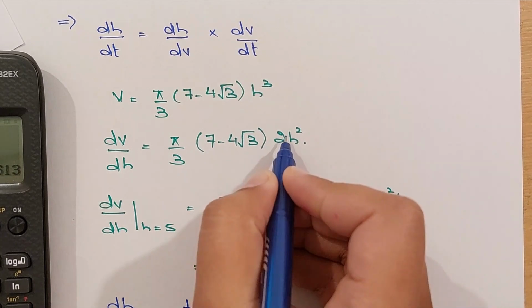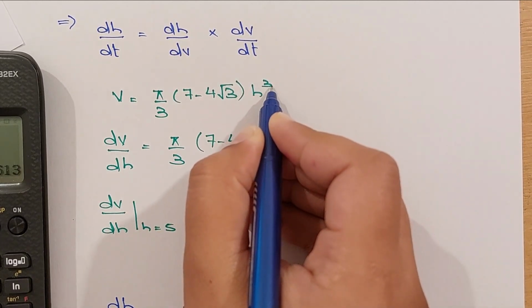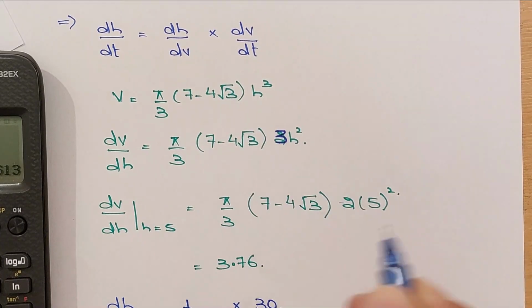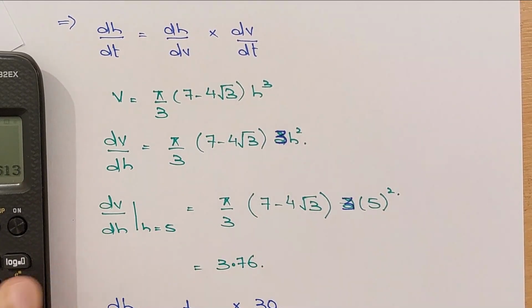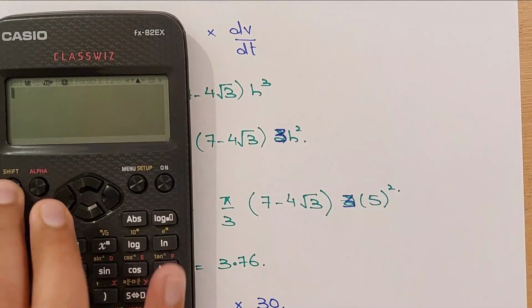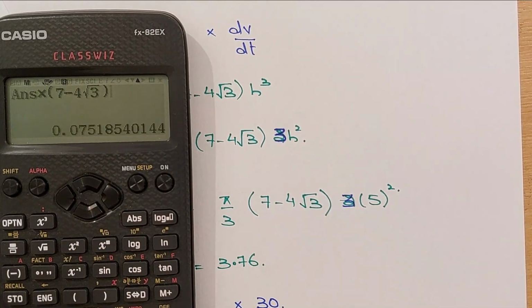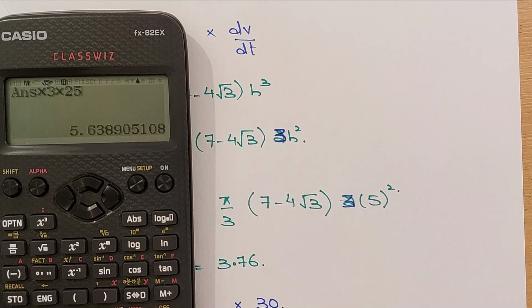Sorry, I made a mistake here. The derivative of h cubed is 3h squared. Sorry, this is 3. Let me do the calculation again. So we have pi by 3 times 7 minus 4 square root of 3 and times 3 times 25, since 5 squared is 25.